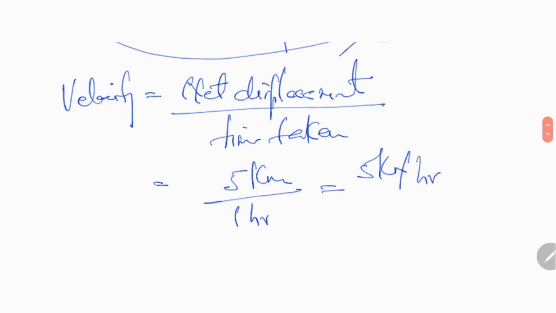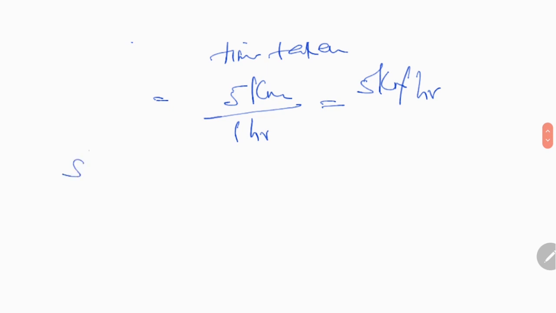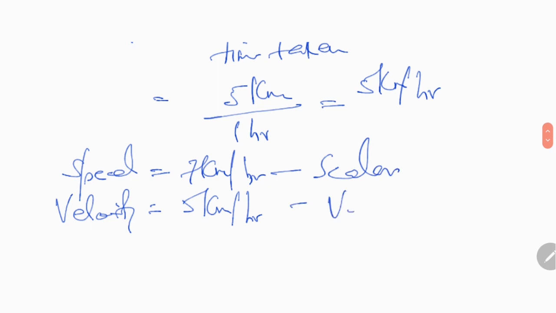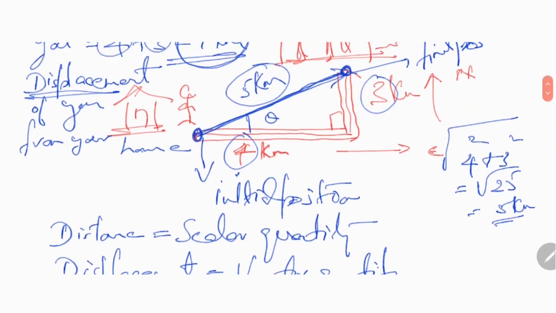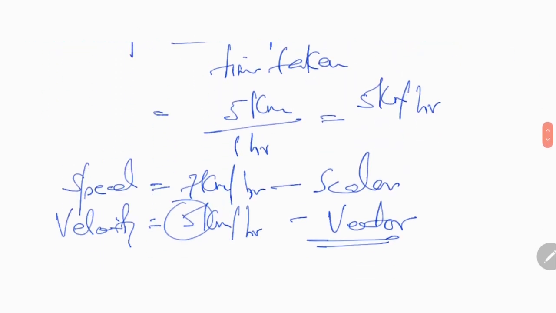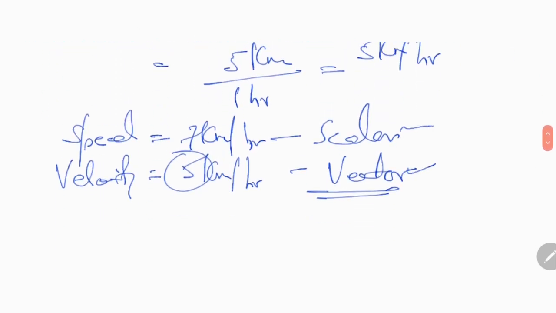Therefore we have clearly found out that our speed was 7 kilometers per hour, but our velocity was 5 kilometers per hour. This is a scalar and this is a vector. Why? Because it's a vector, you have a magnitude, and if you want, you can also find out the direction, like what was the angle it made from your initial starting position. You have a reference, right? So this is the fundamental difference between a scalar and a vector.